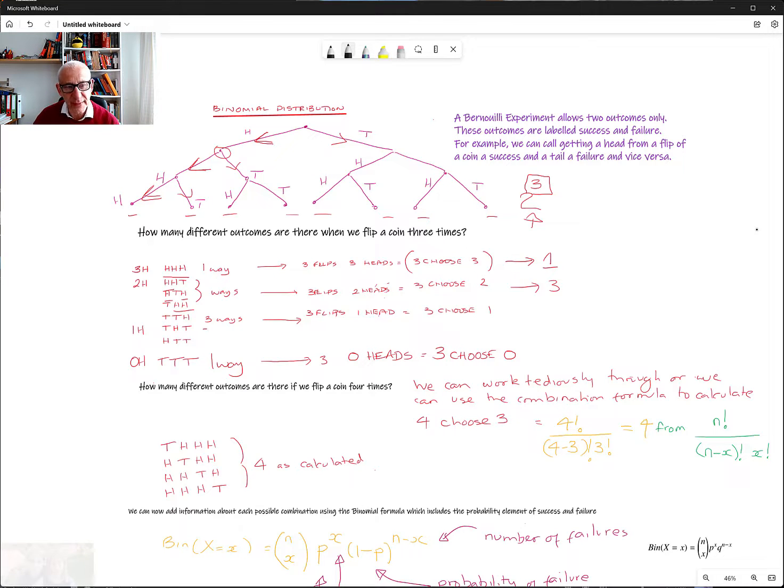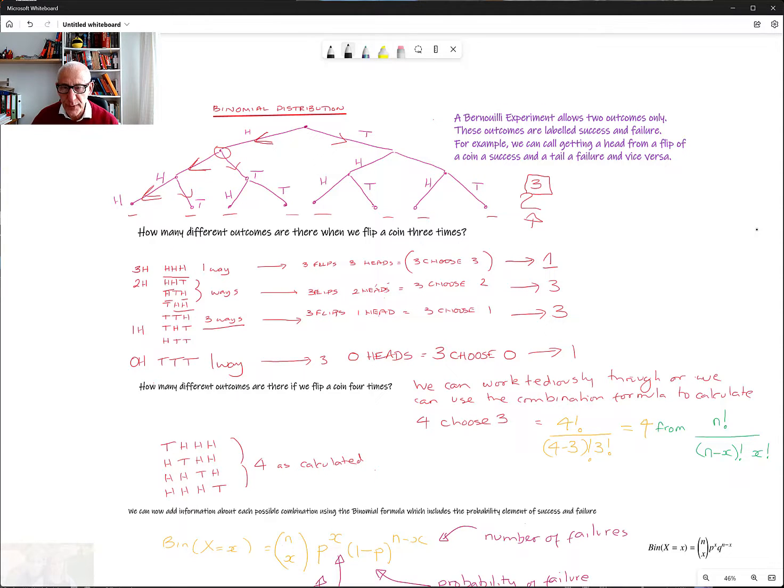So there are 3 ways of doing that also. 3 flips, 1 head, 3 choose 1, and you'll find that also gives you a 3. And the final one, no heads, which is as much to say 3 tails, 1 way, 3 flips, 0 heads, 3 choose 0 gives us 1.